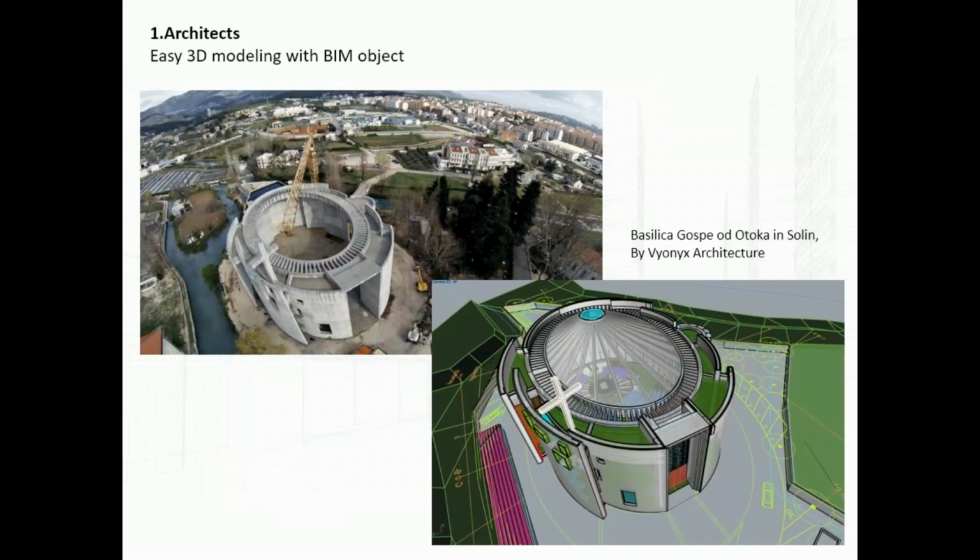Now I would like to show you some use cases based on three different ways people use VisualARQ. In the first group, I will put the people that use VisualARQ for quickly modeling projects in 3D using the VisualARQ objects, like this example of Bionics, which is a church in Croatia, in Solin. That is made out of VisualARQ objects, and also Rhino geometry, of course.